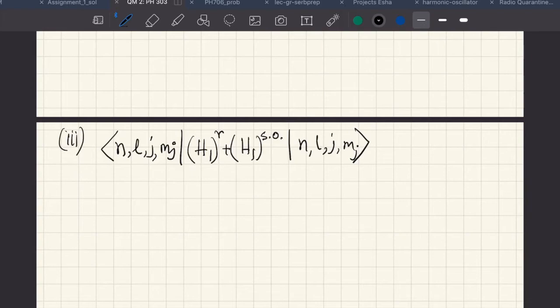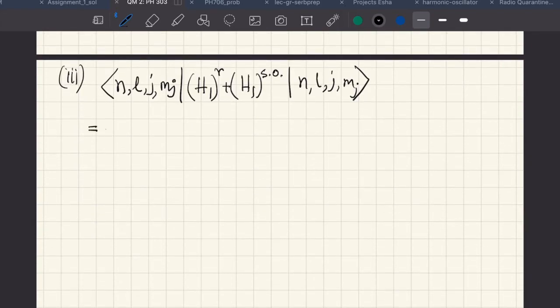So if you do that, this is nothing but En0 whole square divided by 2MEC square into 3 minus 4n divided by L plus half.